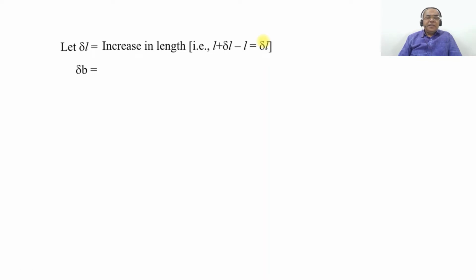Similarly, delta B is the decrease in width. That is the original width minus the final width. The original width is B, minus the final width, which is minus of B minus delta B. B minus B gets cancelled, and minus into minus becomes plus delta B. So this is delta B. Similarly, delta T is the decrease in thickness.